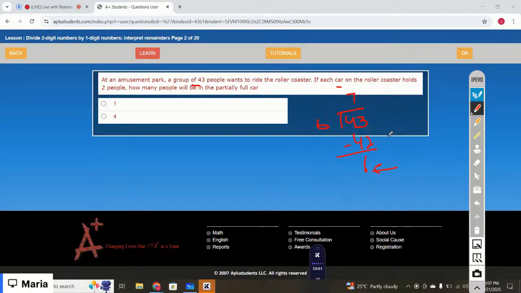Let's just divide 43 by 2. 2 times 2 is 4. 4 take away 4 is 0. Let's bring 3 down. 2 times 1 is 2. 3 minus 2 is 1.